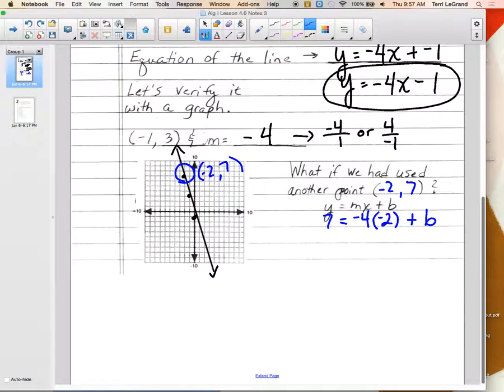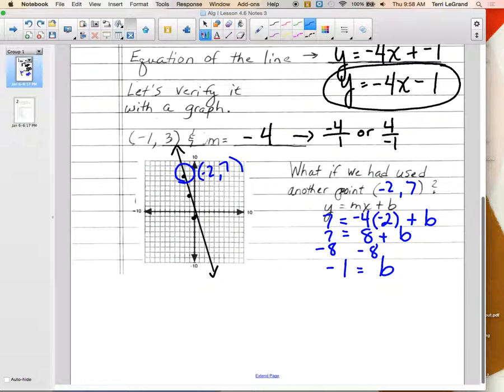-2 times -4, what is that? -4 times -2. 8. What do we do next? Subtract 8 from both sides. 7 take away 8 is -1.